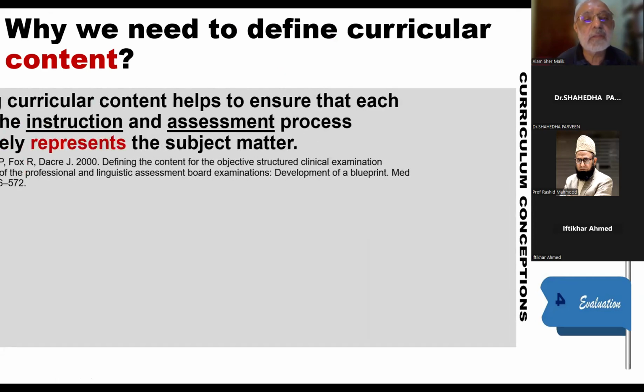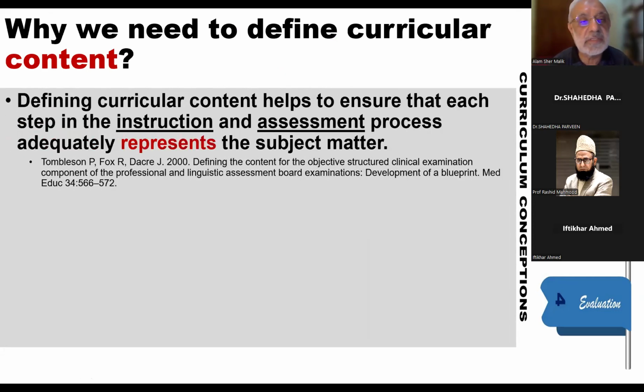There are a number of important reasons. Defining curricular content helps to ensure that each step in the instruction and assessment process adequately represents the subject matter. Identifying the curricular content creates the boundaries in which the teaching and assessment would take place.